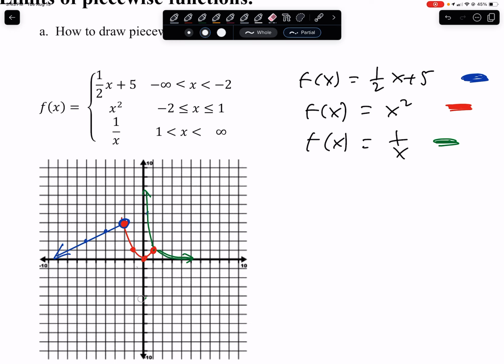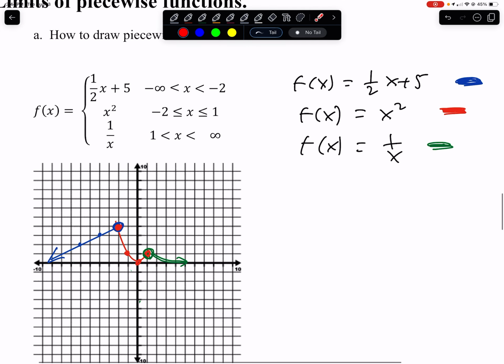Now what happens to the green one at 1? There's no equal sign, so I should have an open dot. But you'll see there's a red dot there. So in essence, it kind of all flows like this. It doesn't matter that this is hollow because it's filled in by the red dot. All right, so that's the graph.